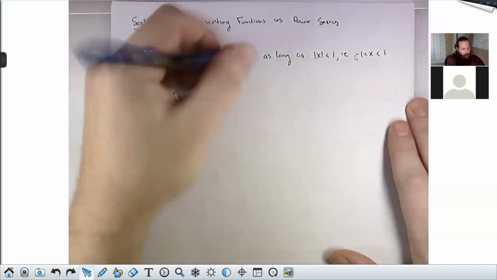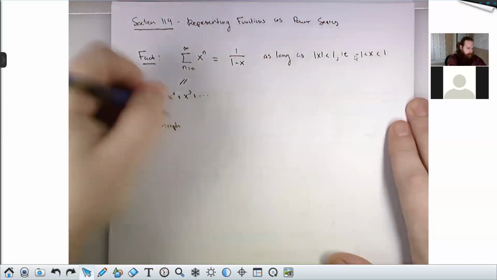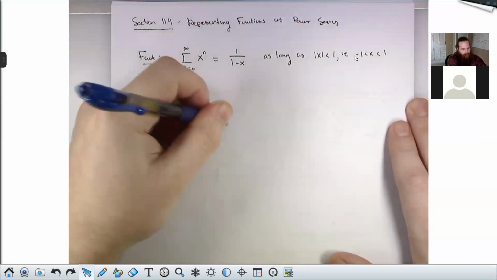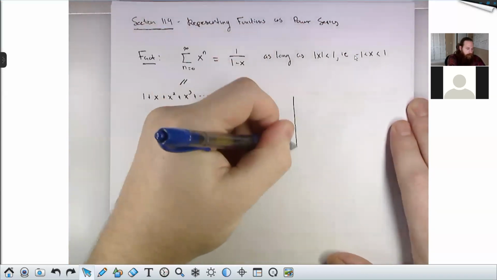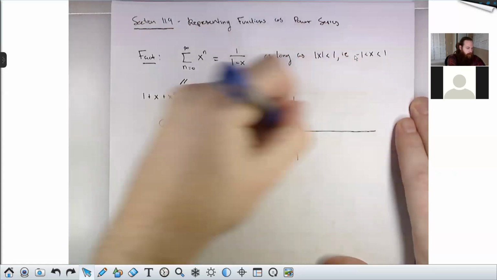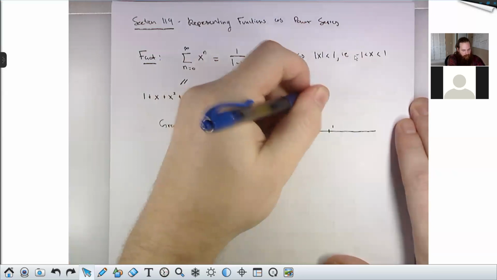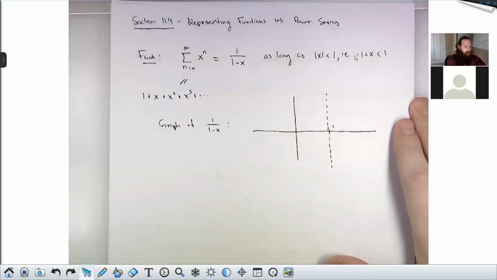The graph of 1 over 1 minus x looks like this. It's a rational function. The denominator is 0 when x is equal to 1. So we have a vertical asymptote there, x equals 1.